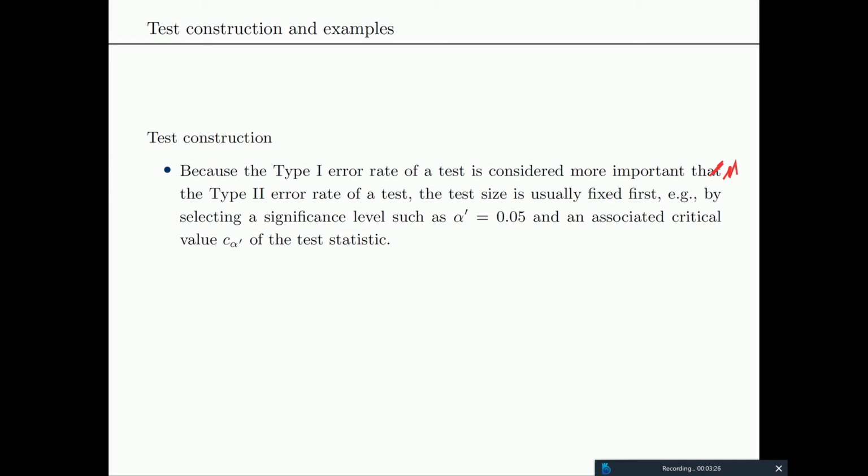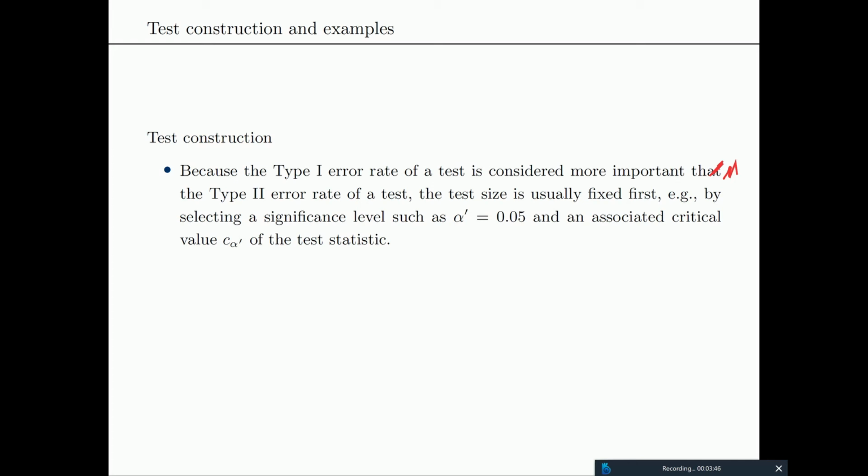The test size is usually fixed first. So you first decide on a test size, for example by selecting a significance level, for example alpha prime equals 0.05, and an associated critical value c alpha prime of the test statistic.